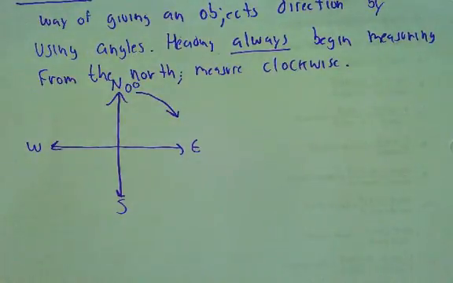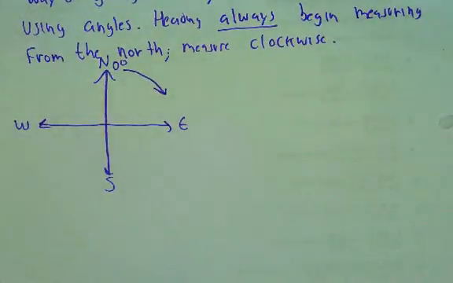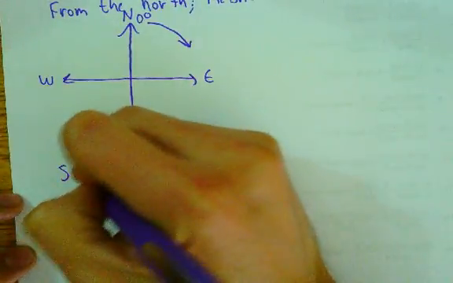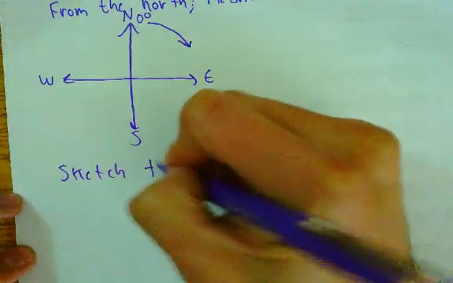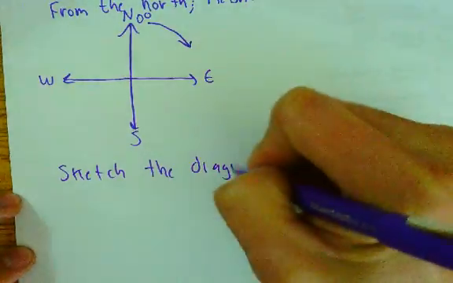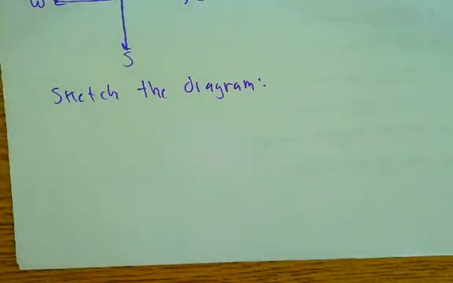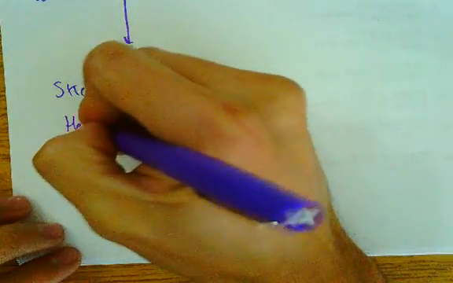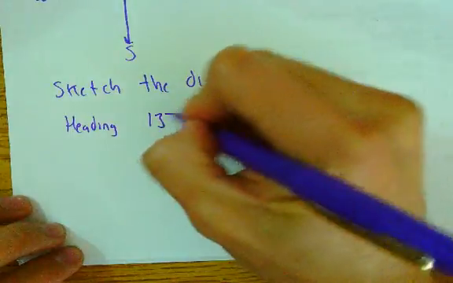Now, we're going to start with something simple, which is sketching a situation. Can you come up with a diagram, okay? So I want you to sketch the diagram. And here's the situation, okay? So I'm just going to make something up. Parker is heading, okay? So he's heading at 137 degrees, okay?